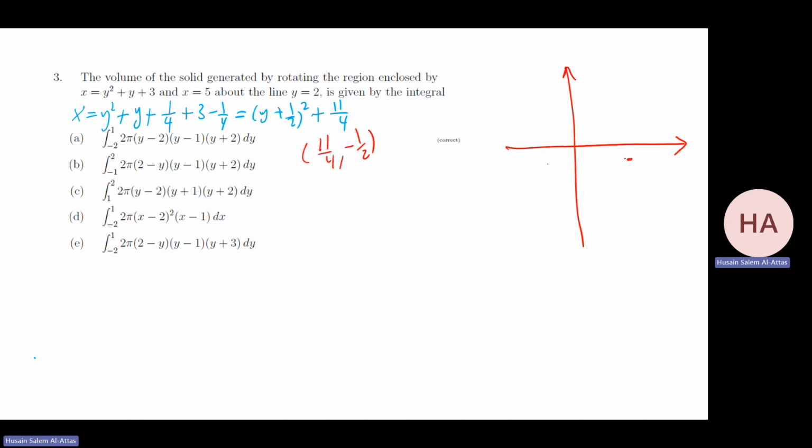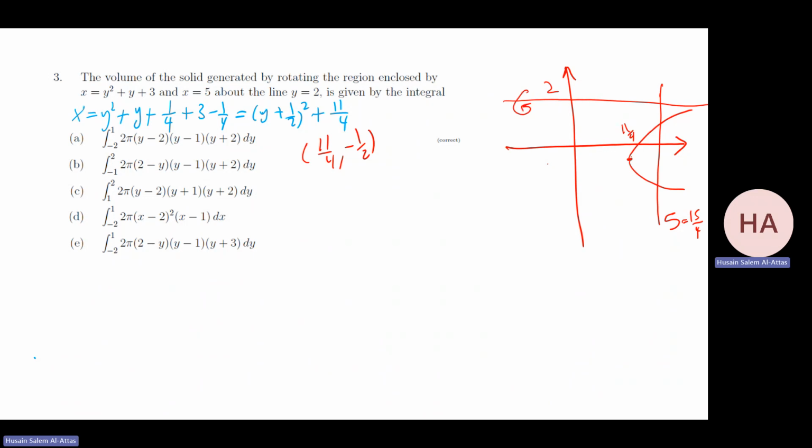Assume this is 11 over 4. And they have x equals 5. X equals 5 will be here, which is 20 over 4, but for sure is more than 11 over 4. And they want this about the line y equals 2, which is this. So this is my axis of revolution.